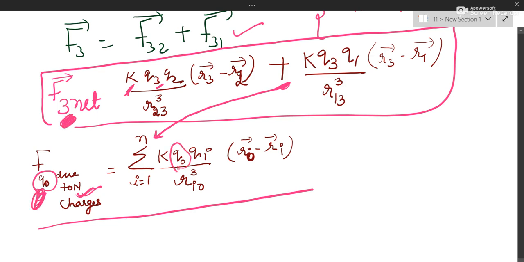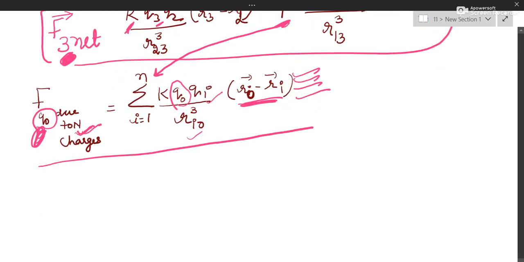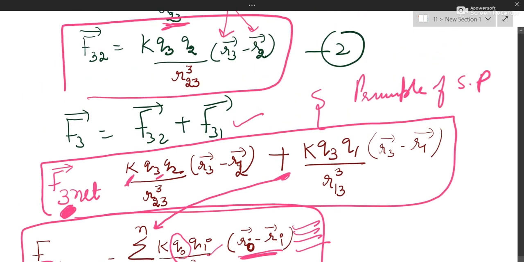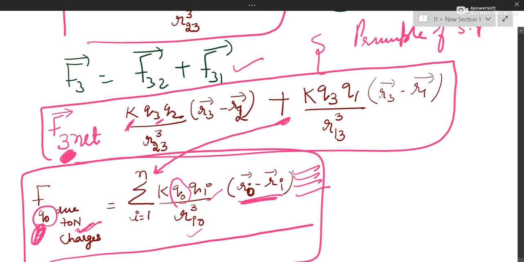Then it is Qi, then Ri naught cube, and bigger position vector minus smaller position vector. That is up to you. You can write it Ri minus R naught, or R naught minus Ri as well. So this is my result. It can be used for n point charges or for 2-point charges. Force on the third charge is to be calculated this way. That's all.